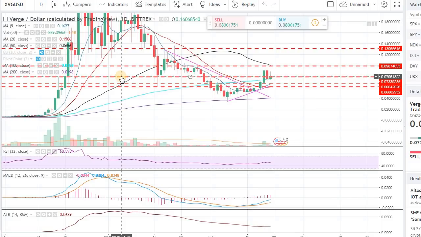What finds its support? Let's say it goes to the support of 6 cents. That tells you that the majority of the traders who are in Verge think that 6 cents is a fair value, or a good value for Verge as a coin or as a project. Okay, simple as that.